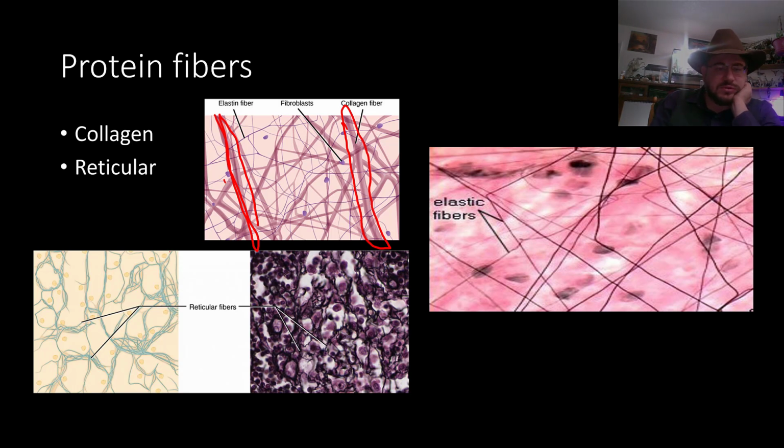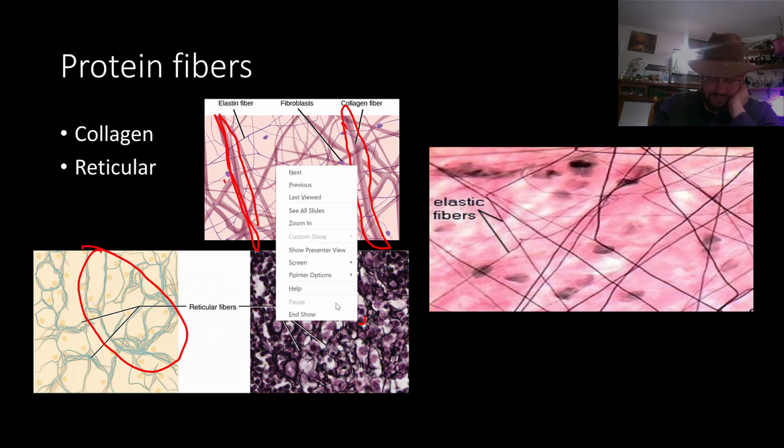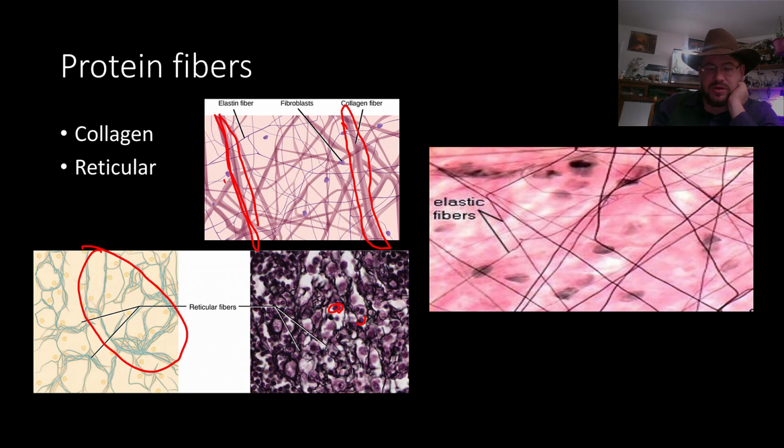So, reticular fibers, right here, they've got it in blue for high contrast, and this is what it actually looks like where you have the cells in the matrix, right? So you've got your cells separated out from each other, and then between the cells is the matrix, and in that matrix are these reticular fibers.